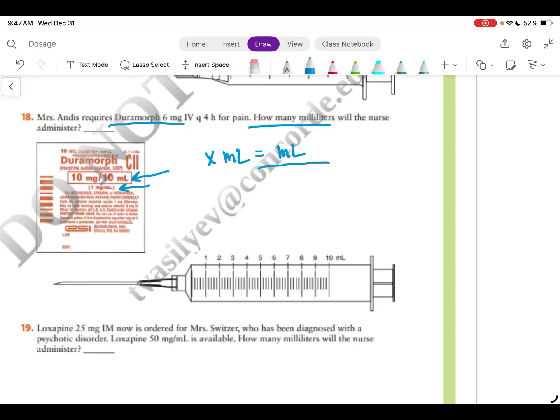One milliliter is equal to 1 milligram. Times 6 milligrams is my order. Right, so 6 divided by 1 is 6. So 6 milliliters is how much we're going to give this patient to give them their 6 milligrams that were ordered.